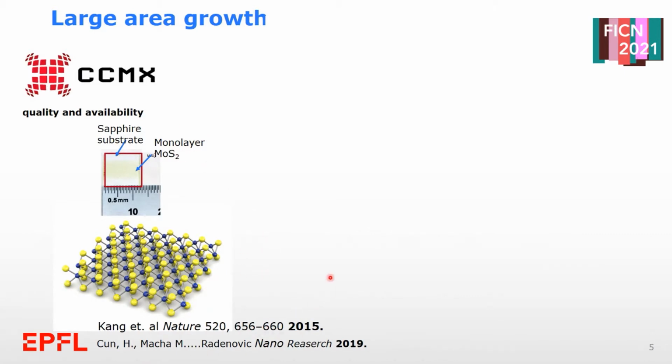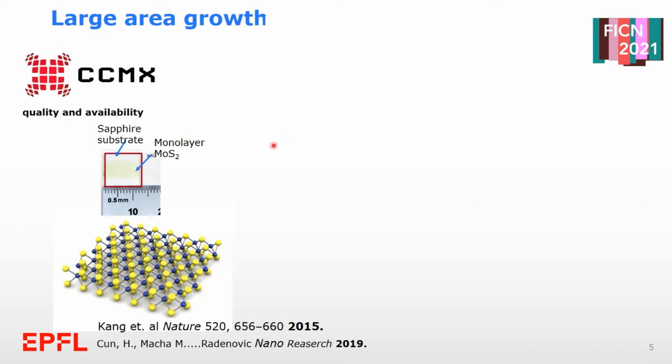So in 2015, when we started the research in molybdenum disulfide monolayers for nanopore applications, we typically dealt with systems where we had our 2D material grown by chemical vapor deposition on sapphire substrates at the range of several millimeters.